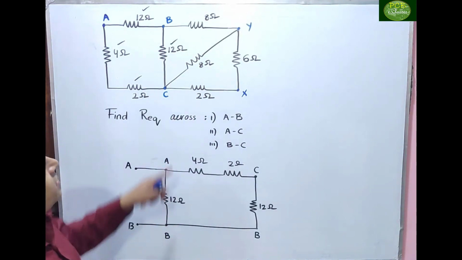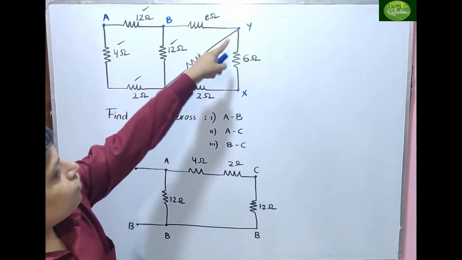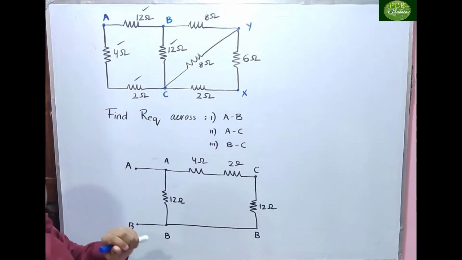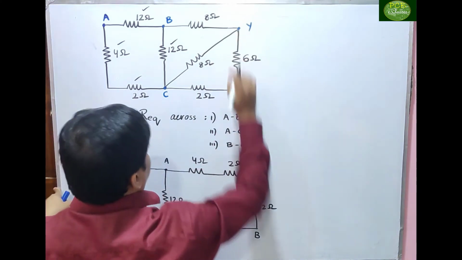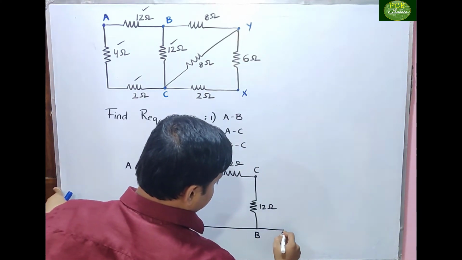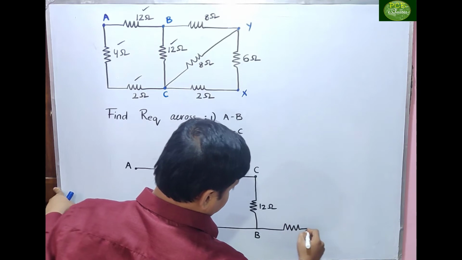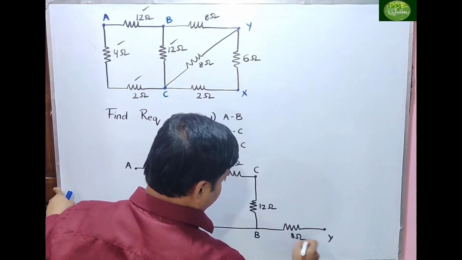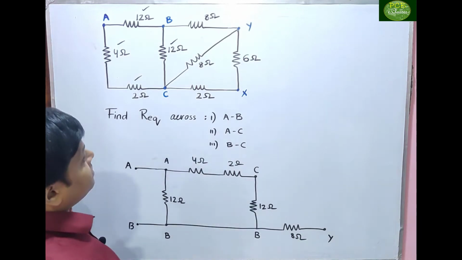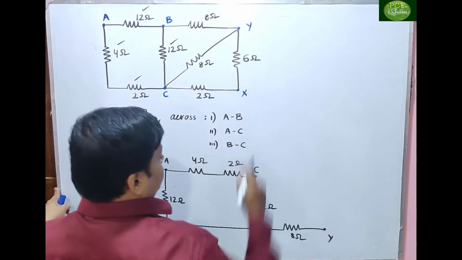Fine. Next, B to Y. From B, another point is Y, where an 8 ohm resistor is there. This is point Y. What is this? 8 ohm. Next, C to Y.